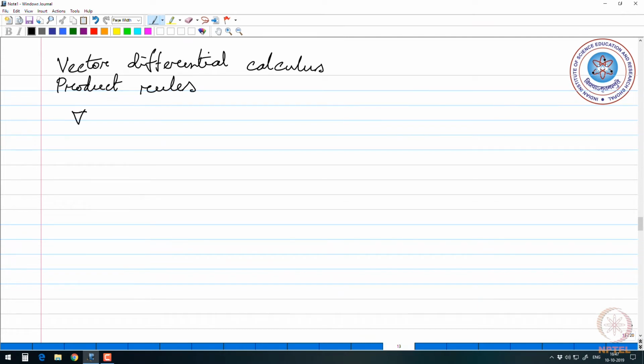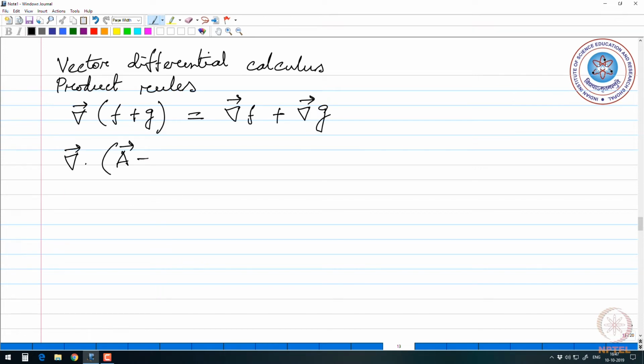The gradient of the sum of two scalar fields is given as the sum of the gradients of the scalar fields. The divergence of the sum of two vectors is given as the sum of the divergence of the two vectors.